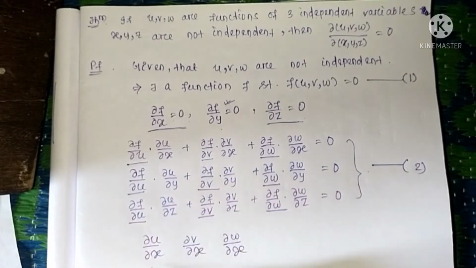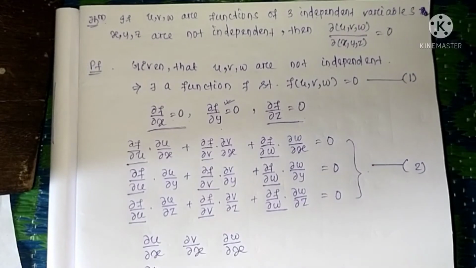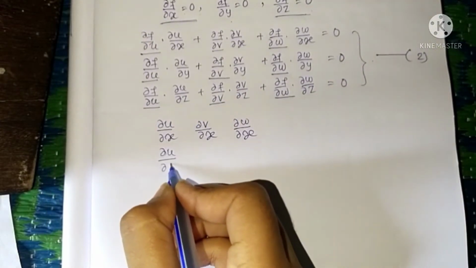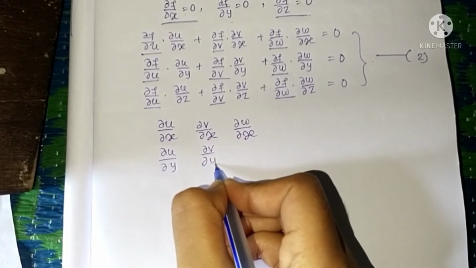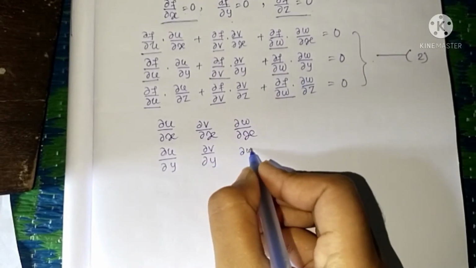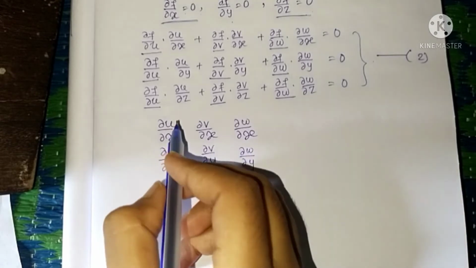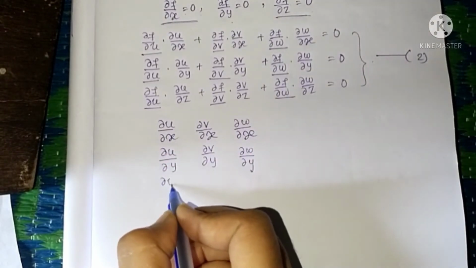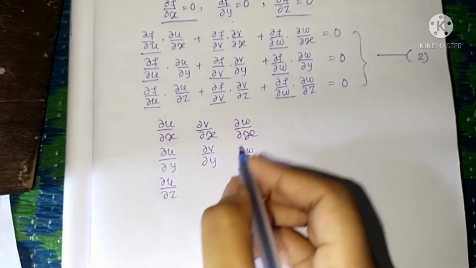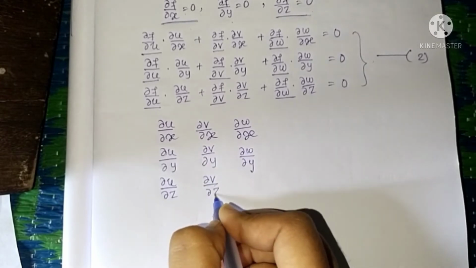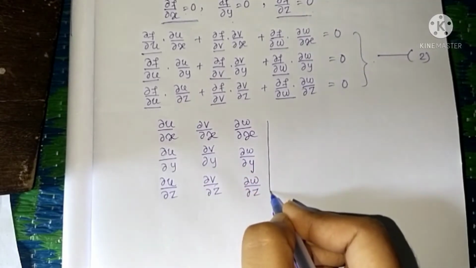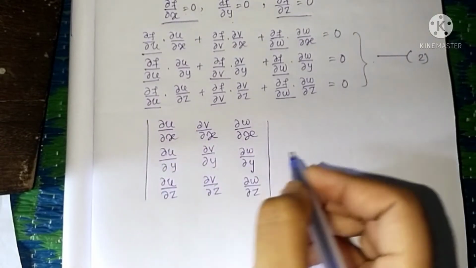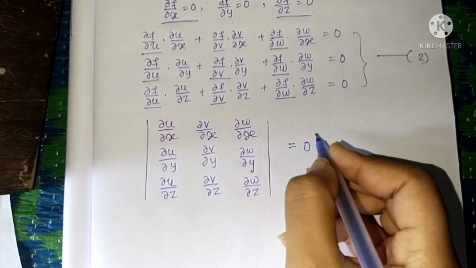In the next equation, del u by del y, del v by del y, del w by del y. Then in the last equation, del u by del z, del v by del z, del w by del z. Its determinant is equal to 0.